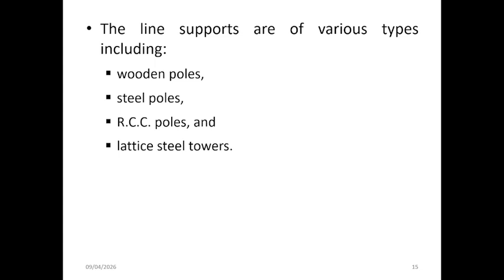Common options include wooden poles, which are simple and cost-effective for shorter spans, steel poles offering greater strength and durability, reinforced concrete poles known for their long life and resistance to environmental factors, and lattice towers, which provide exceptional mechanical strength for long distance and high voltage lines.